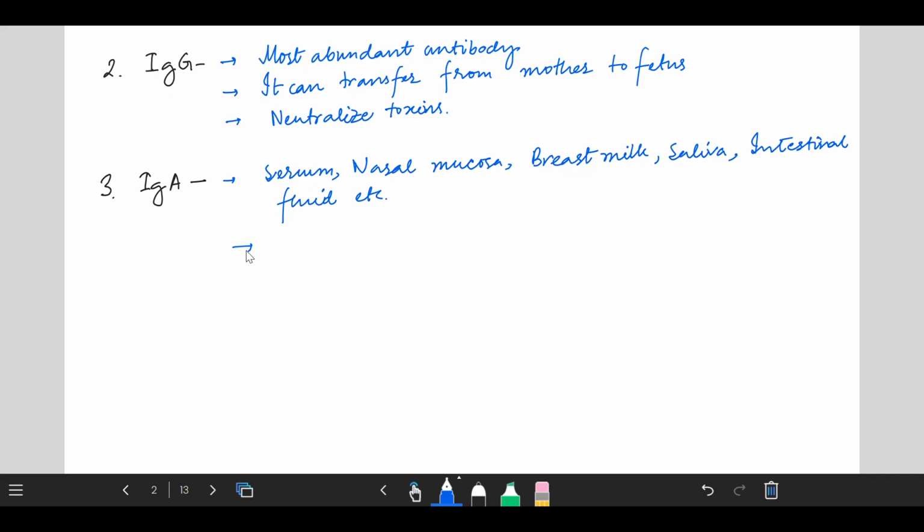They form a dimer structure. Their structure is dimer form.